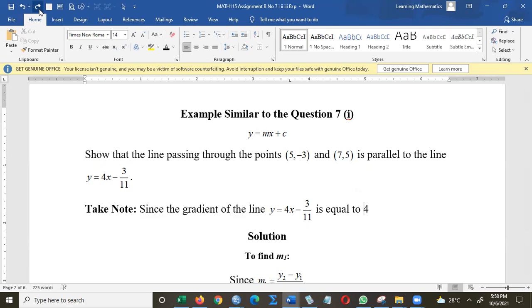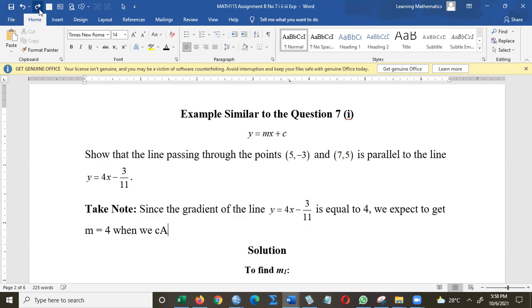So that gradient is actually 4. When we calculate the gradient of the line that passes through those 2 points, we expect to get 4 also. The gradient of the line that joins the 2 points must be 4.